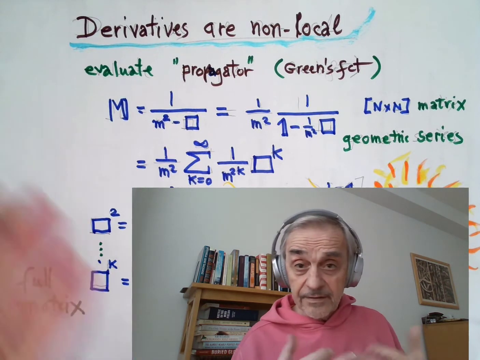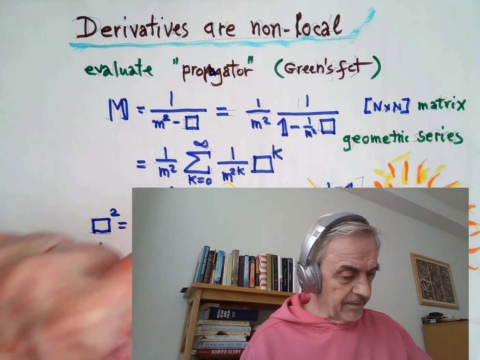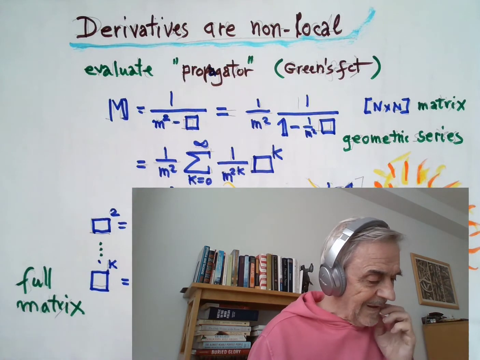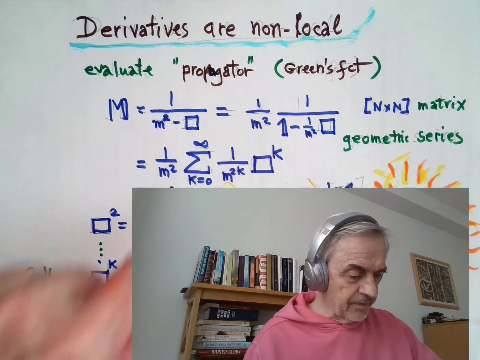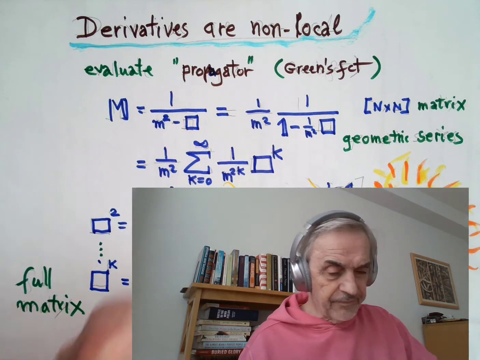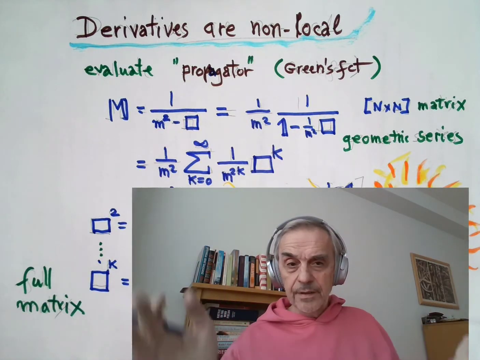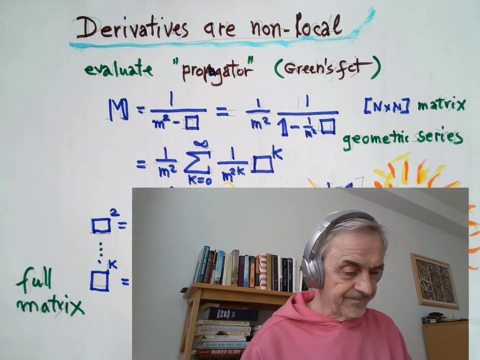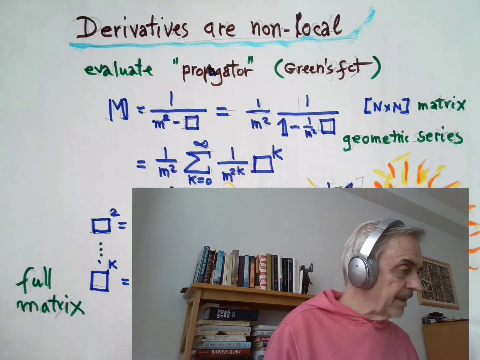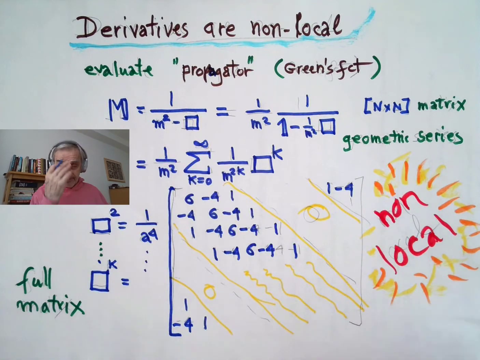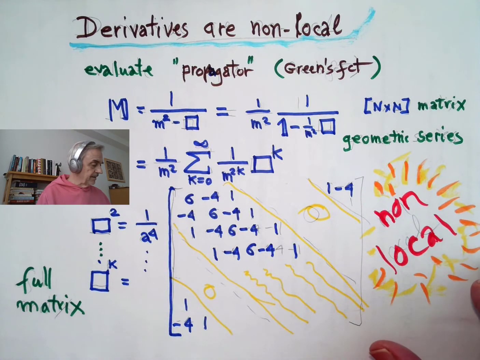And when you write it as matrices, you can write it as a power series. And you find out that this is a very horrible and complicated matrix to evaluate because it fills out all the entries in a matrix. It's very non-local.